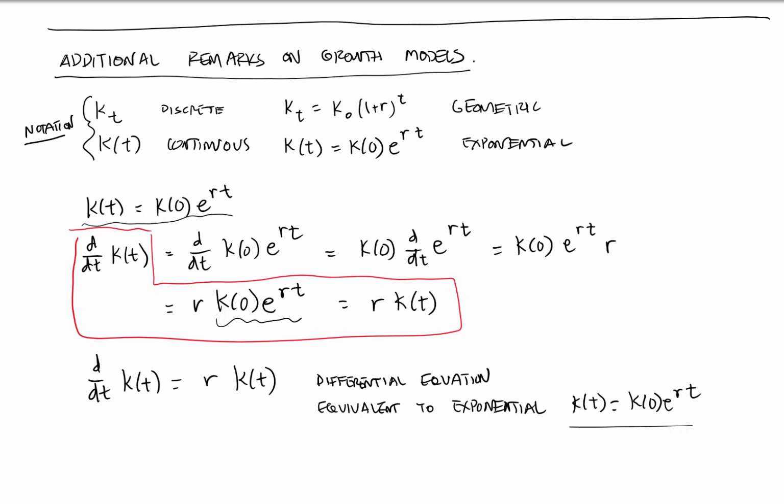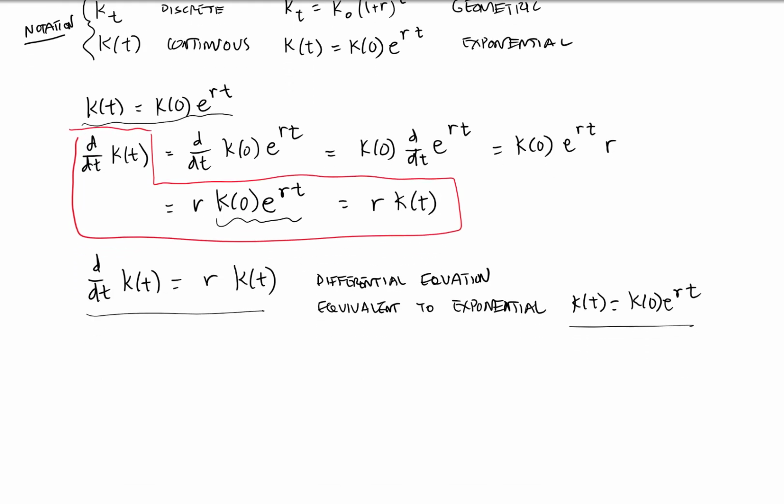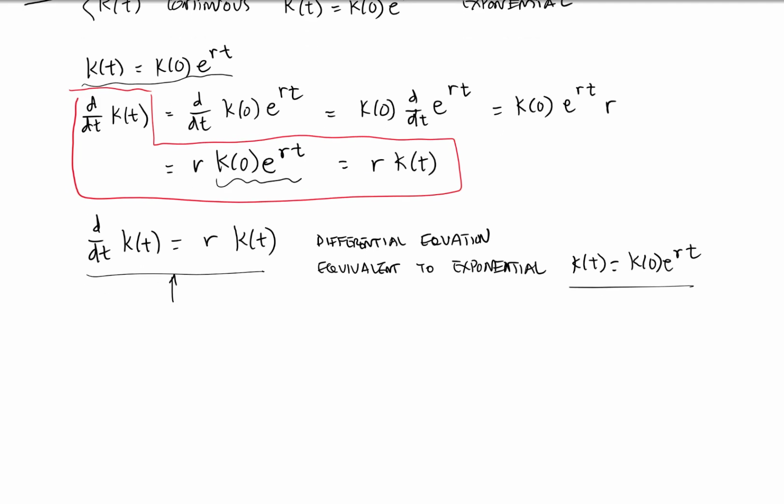If you see either this or this, you know that they refer to the same model. Let's rewrite this just one more time. If d/dt k of t equals r times k of t, then it must be the case that d/dt k of t divided by k of t equals r.